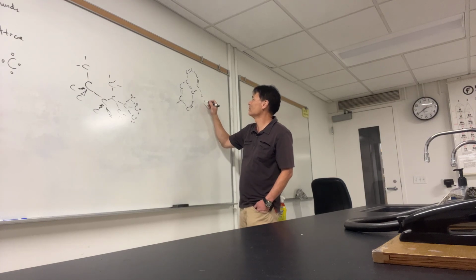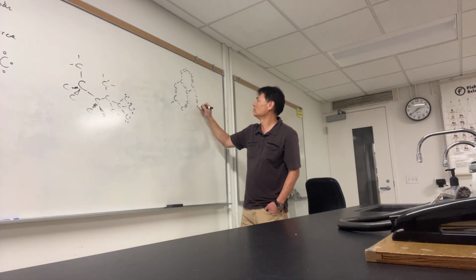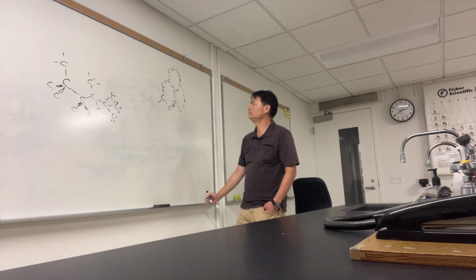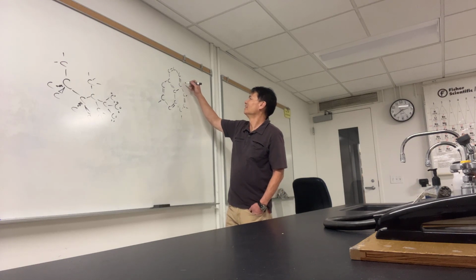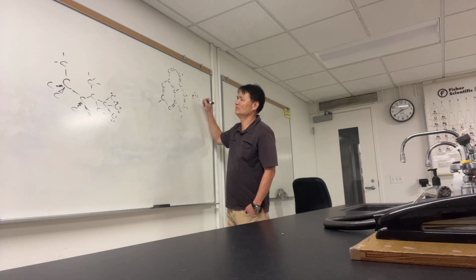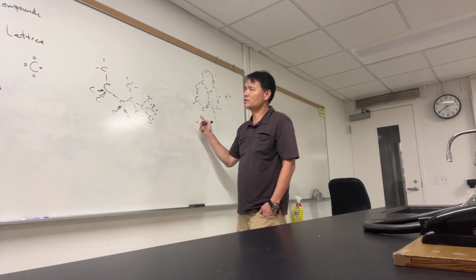In other words, they're flat. Something like this, etc. So this is diamond, this is graphite.